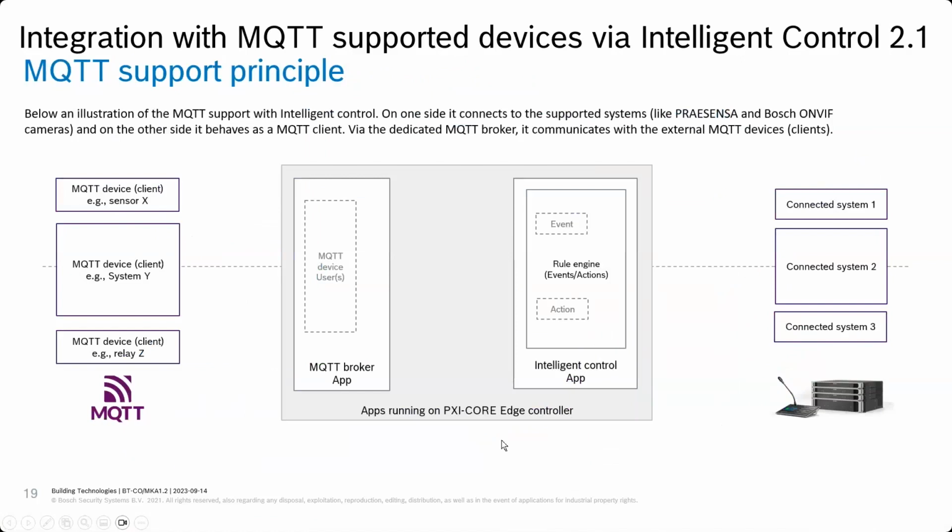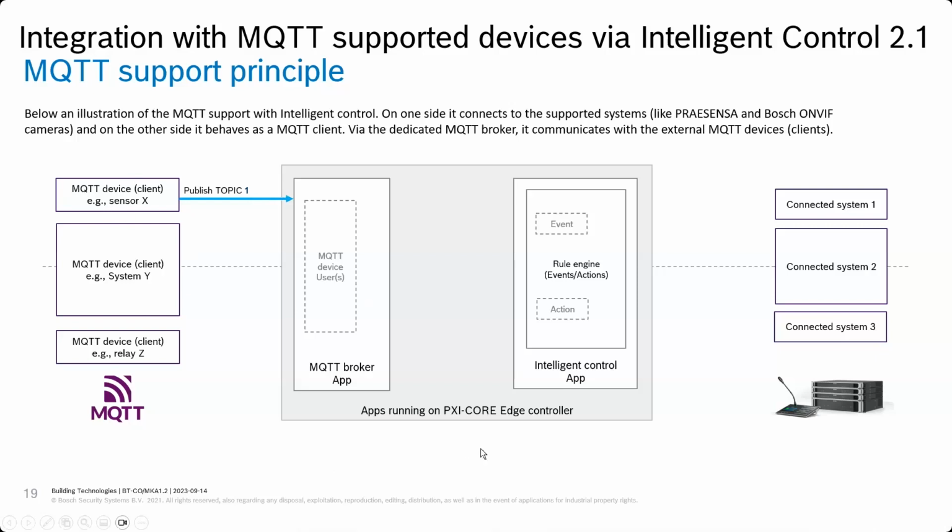The principle here is illustrated below: MQTT support with intelligent control. On one side, it connects to the supported devices, like PRAESENSA or a Bosch ONVIF camera, and on the other side, it behaves as an MQTT client. Via the dedicated MQTT broker, it communicates with the external MQTT devices. So, for example, here you have an MQTT device.